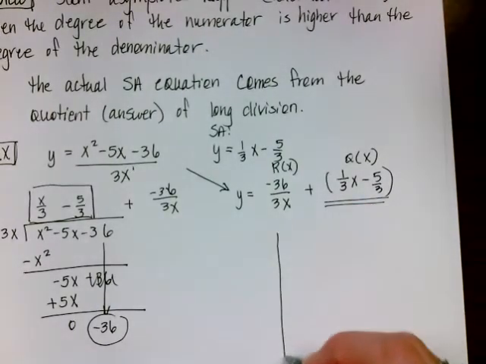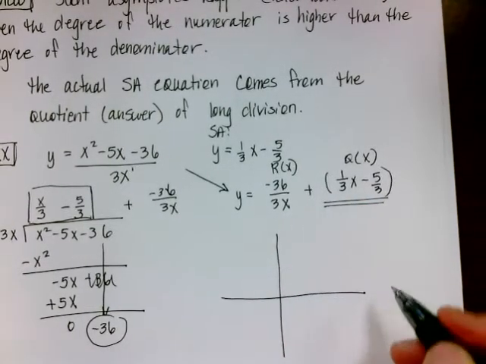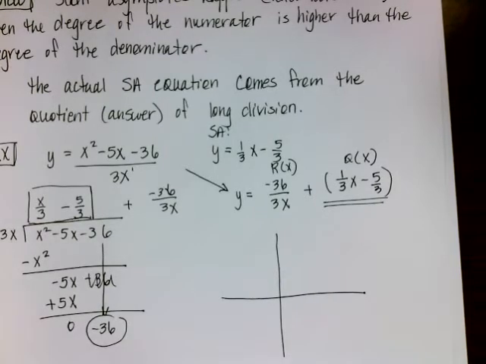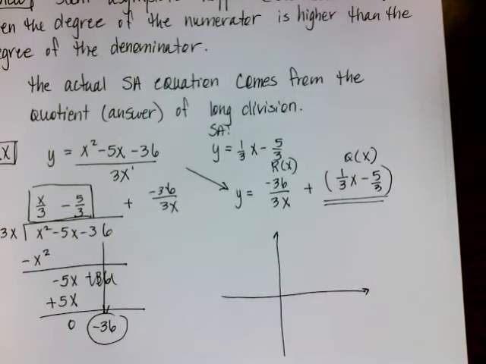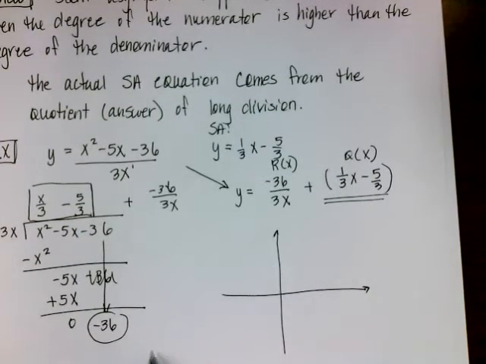So now if I graph this, if I go back and look at my original equation, sorry, I was looking at my work thinking, what do I need to do next? The first thing that I need to do is factor my numerator.